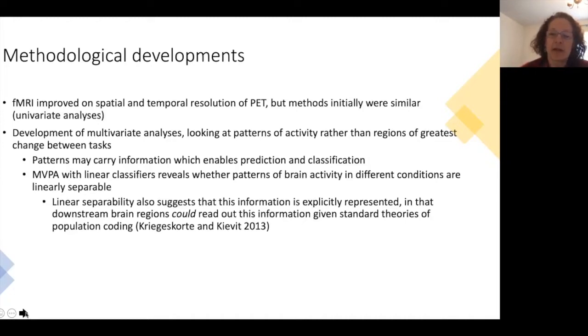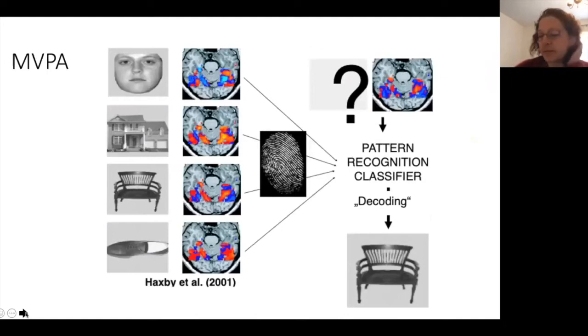So it's an indication that the information is explicitly represented in the sense that the brain could use this information, but it's not an indication that it necessarily does use that information.